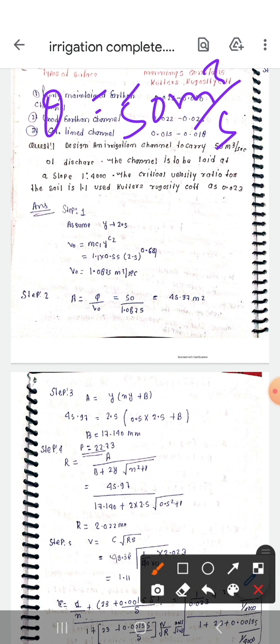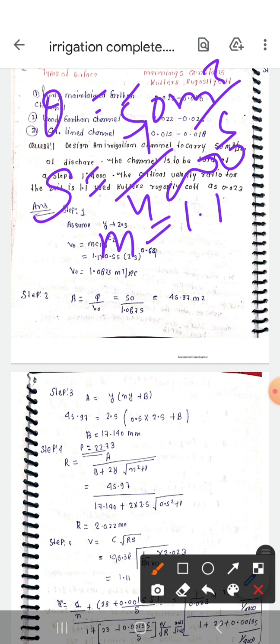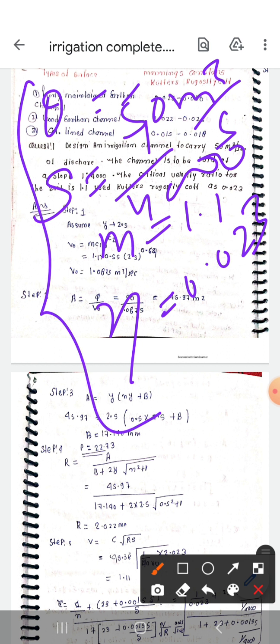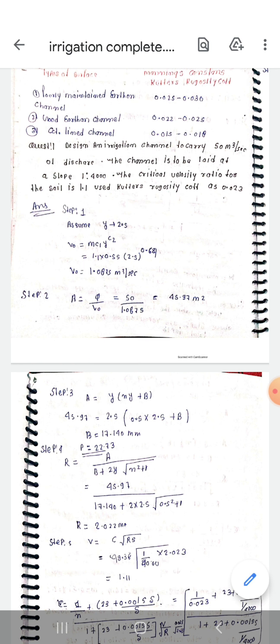The channel is laid at a slope S given as 1/4000 and critical velocity ratio m is given as 1.1. Using Kutter's formula, Kutter's coefficient is given as 0.0023. हैं ना, these four things are given in this question. Discharge is given, slope 1/4000, critical velocity ratio m 1.1 and eta is equal to 0.023.